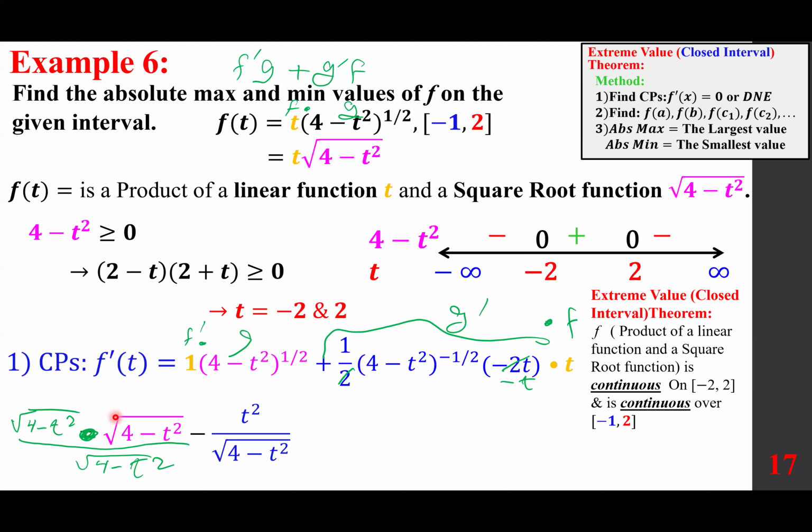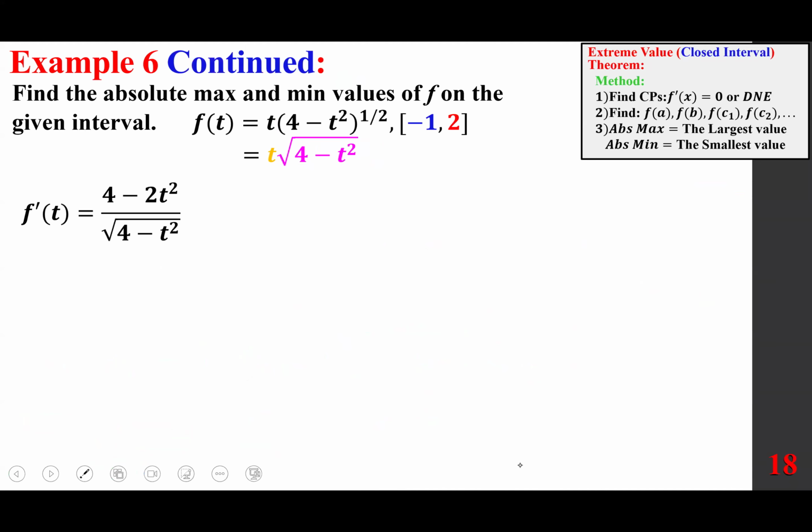So now we have a common denominator of square root of 4 minus t squared. What do we have when we multiply these two? It just comes out as 4 minus t squared, and this one remains. And minus t squared, these two add up to minus 2t squared. So f prime of t is 4 minus 2t squared over the square root of 4 minus t squared. Pretty simple. So we have f prime of t.